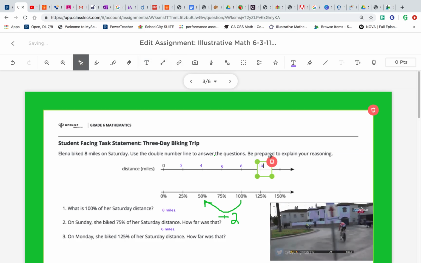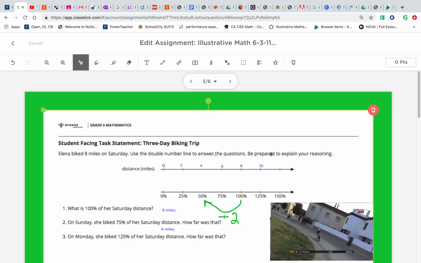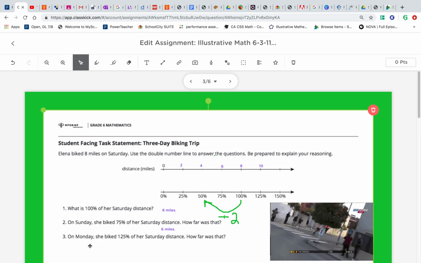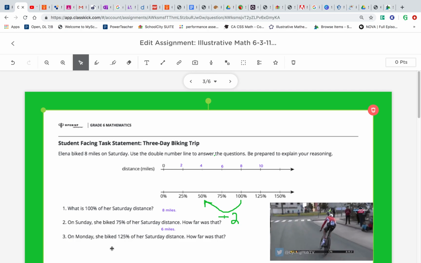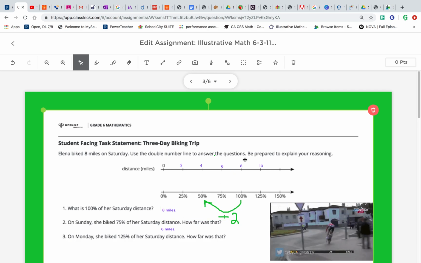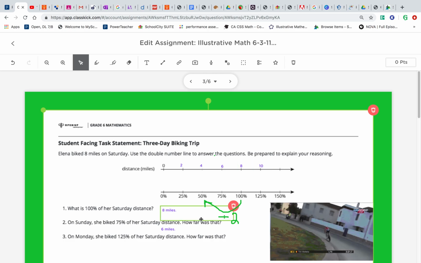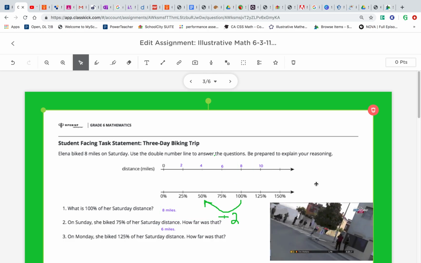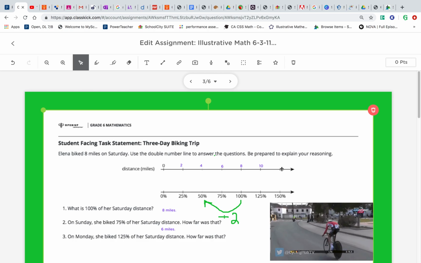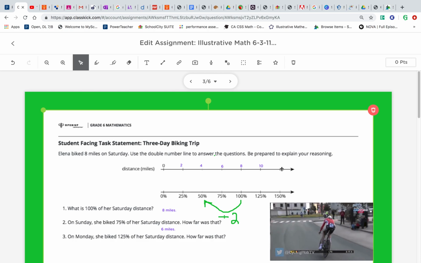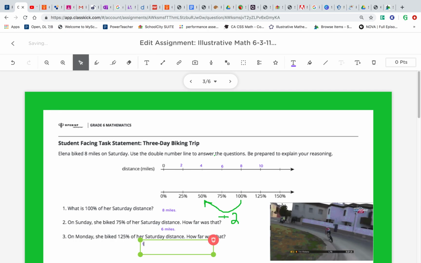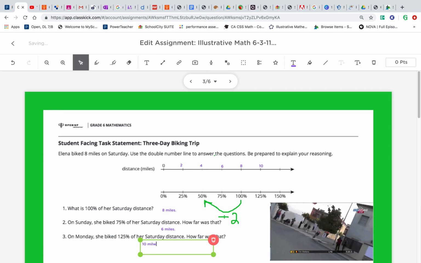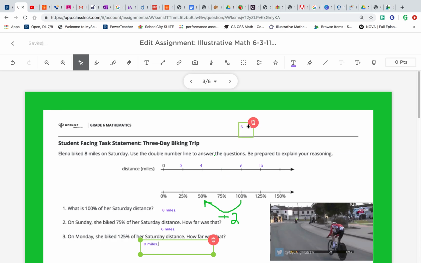It is 10. All right, 10 goes there. And as it turns out, that's going to help us answer the next question here. It says on Monday she biked 125% of her Saturday distance. How far was that? Well, we can see it's 10 miles, right? And if they wanted us to find out for 150%, we know that's going to be 12 miles, right? But for the answer for this question number 3, we know it's going to be 10 miles. All right.